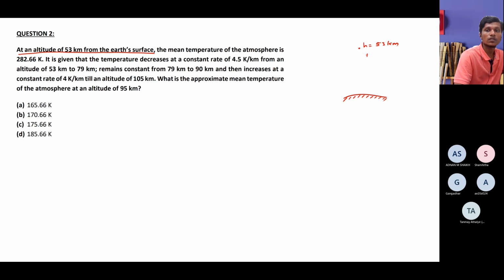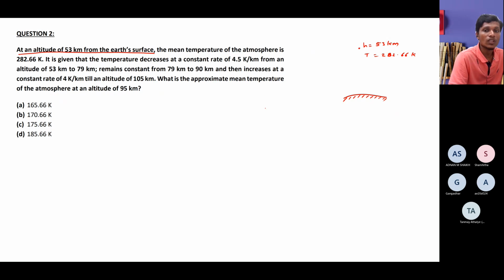T equals 282.66 Kelvin, right? And it is given that temperature decreases at a constant rate of 4.5 Kelvin per kilometer from an altitude of 53 kilometers to 79 kilometers.